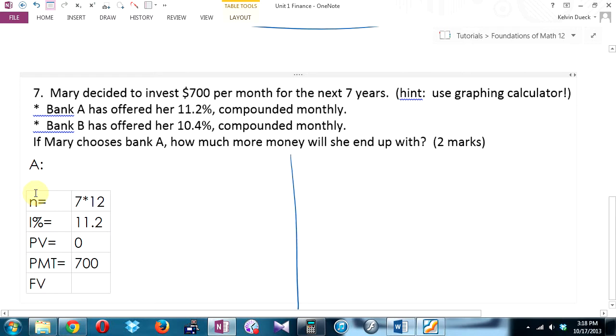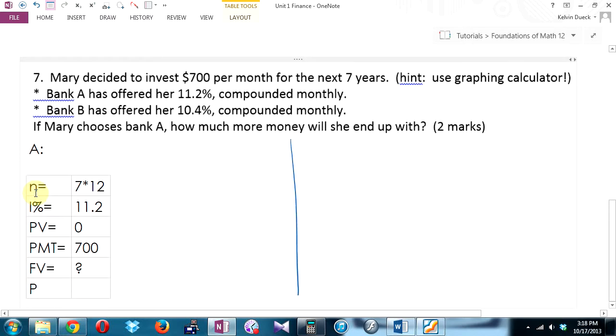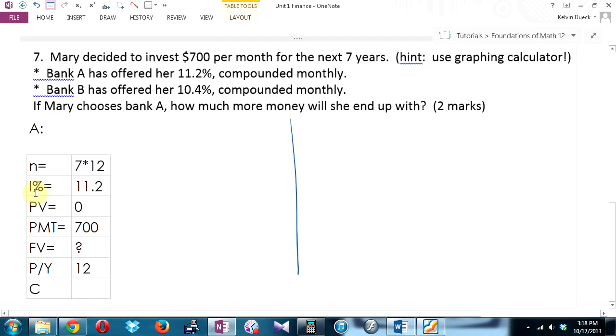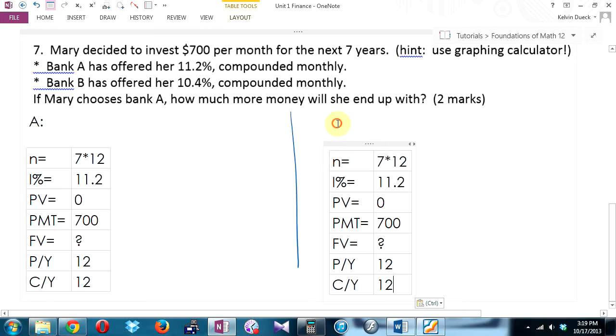Final or future value, don't know. Payments per year, 12. Compound periods per year, 12. And while I'm at it, copy, paste.